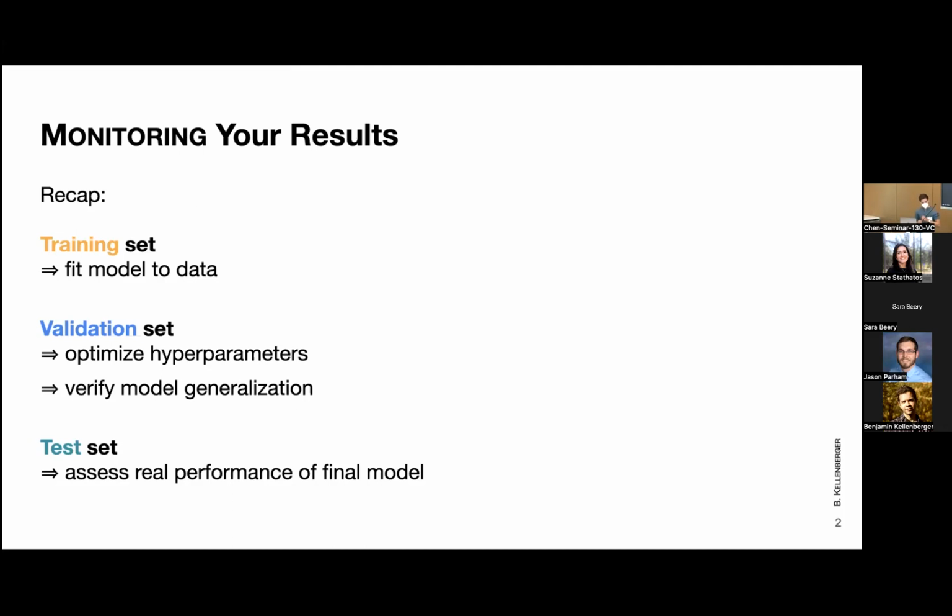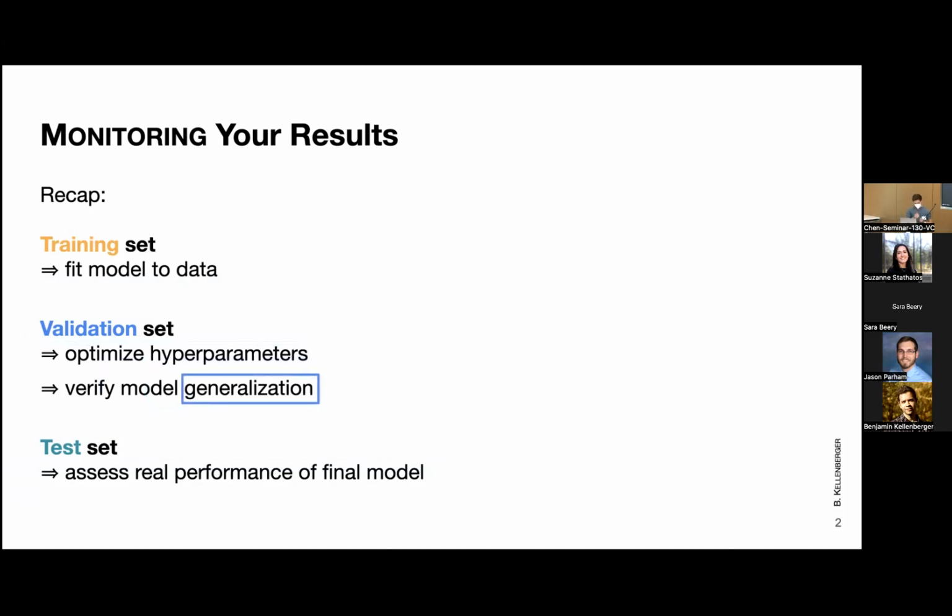And the test set we don't touch until the very end, where we have a model that we're happy with, and then we try out for real how the model performs. So we don't use this for parameter tuning, neither parameter nor hyperparameter, because that would be cheating.